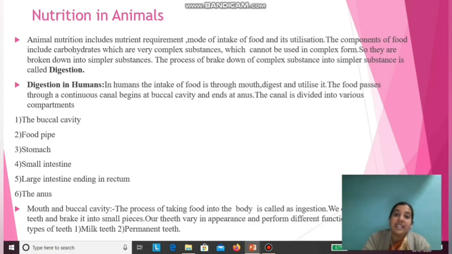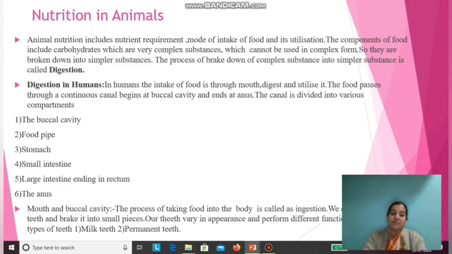Our teeth vary in appearance and in their functions also. Correct? Our teeth are not one and the same. They are different. The appearance is a little bit different in them, and in the same way their functions also.